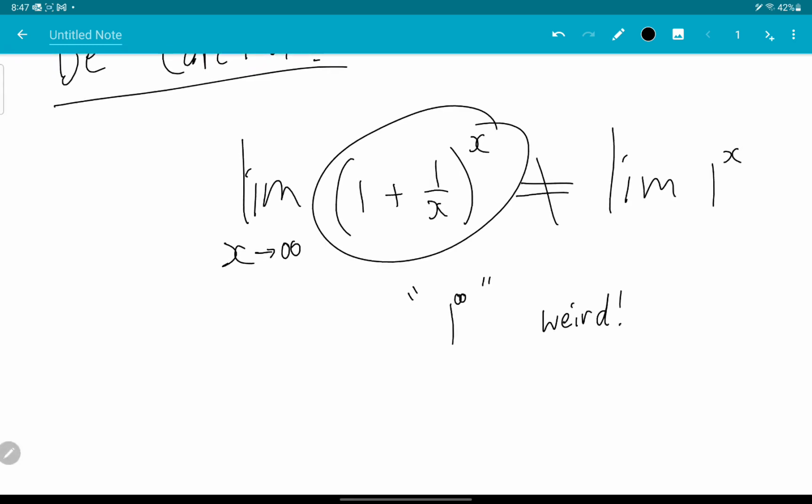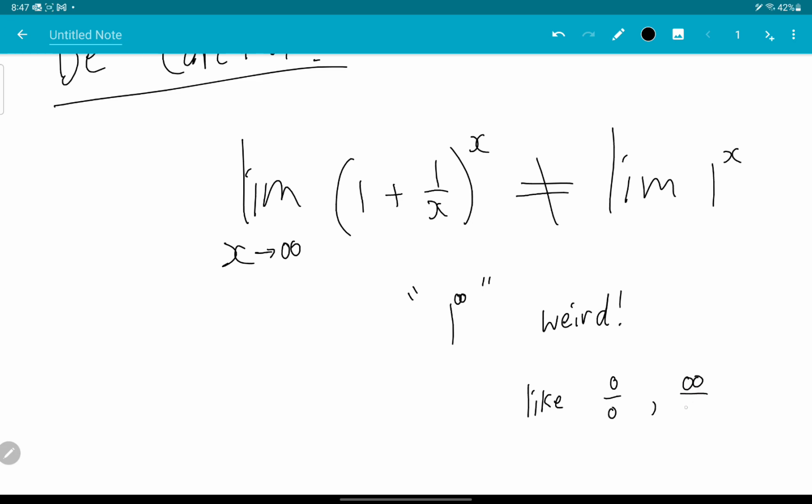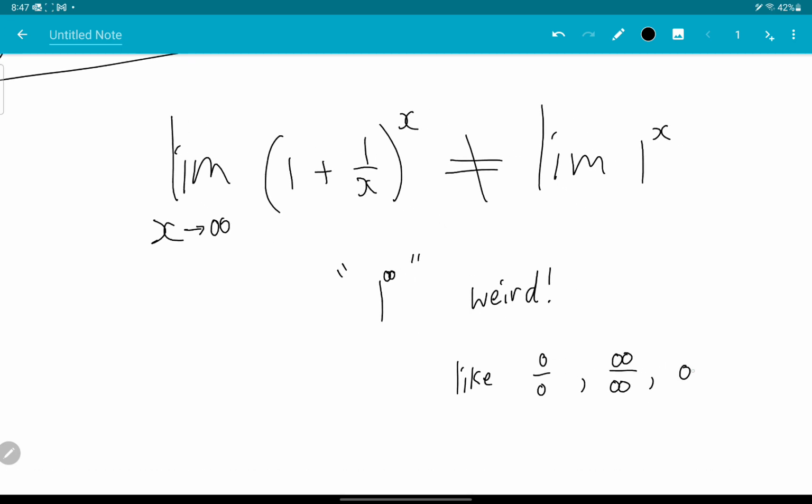So this is a limit of the form 1 to the infinity, and that's a weird one. It's weird like 0 over 0 is weird. Infinity over infinity is weird. And also infinity minus infinity. These four forms have to be dealt with carefully.